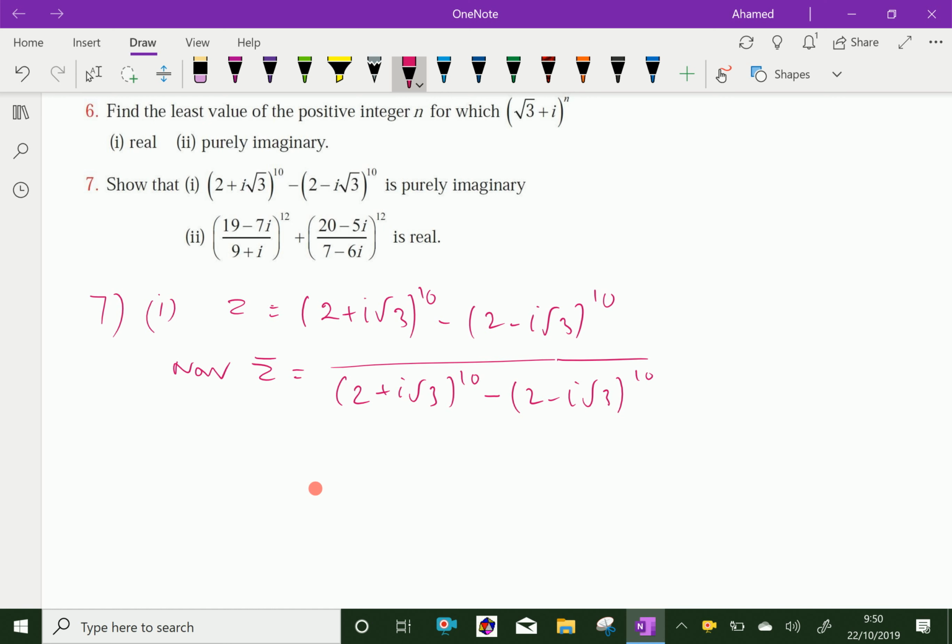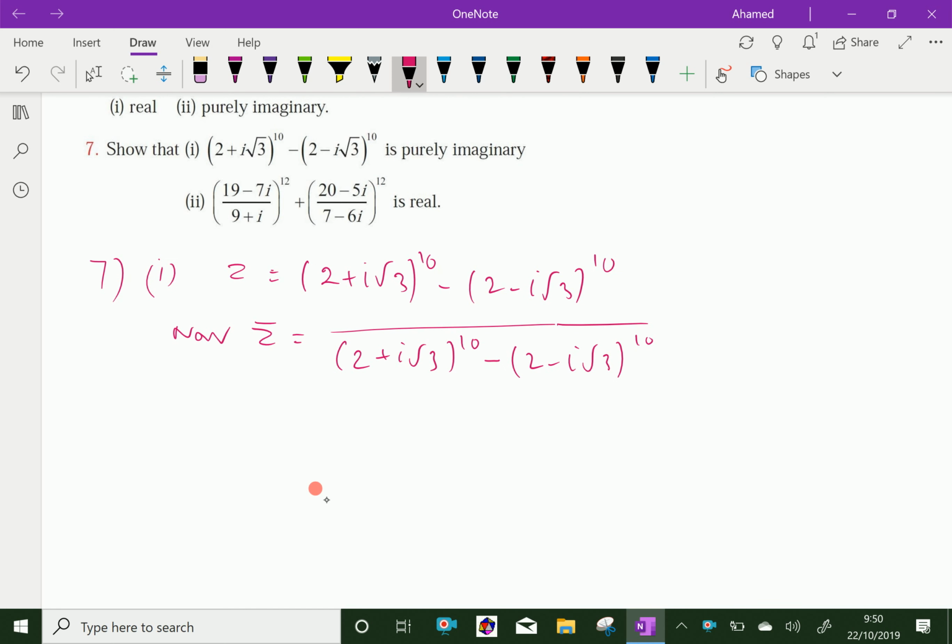So we know the rule: the conjugate of z1 minus z2 is z1 bar minus z2 bar. This is a property of conjugate complex numbers.